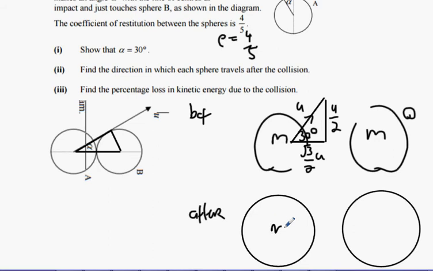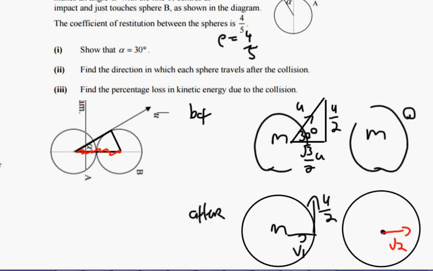So you still are going with U over 2 across, but what you have going across instead is V1. What about the second particle? Does it have any velocity going upwards? No, because all the force was directed along this path here. So it only goes across with V2.